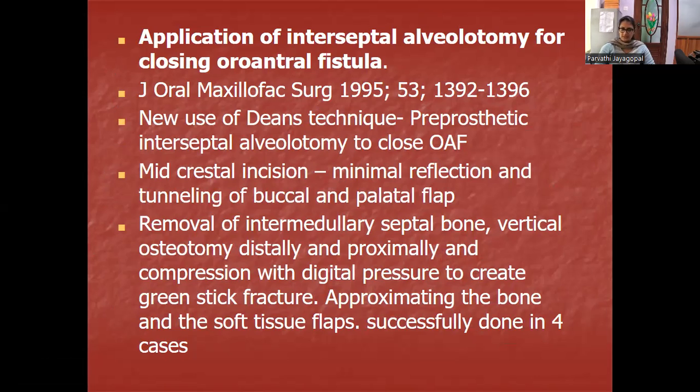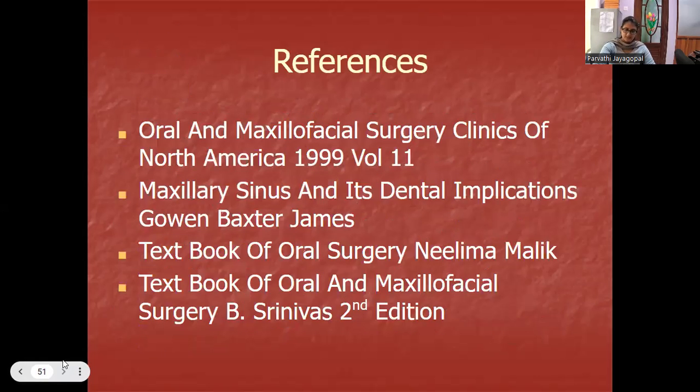After removal of the intermedullary septal bone, the buccal and the palatal cortices are made to fracture, causing a greenstick fracture, and thereby the flap of the buccal and the palatal aspects can be approximated. This is a technique that has been followed.